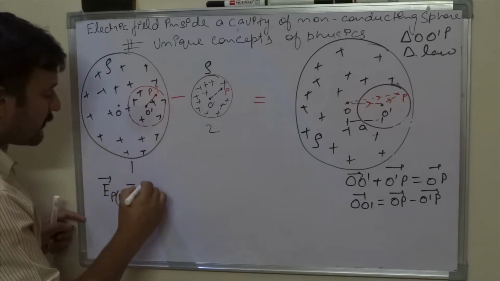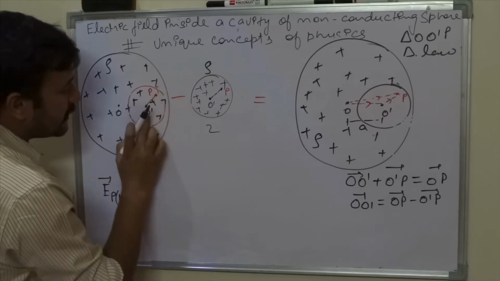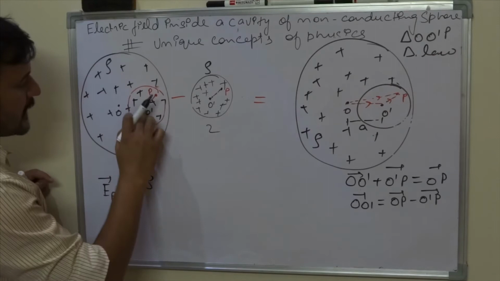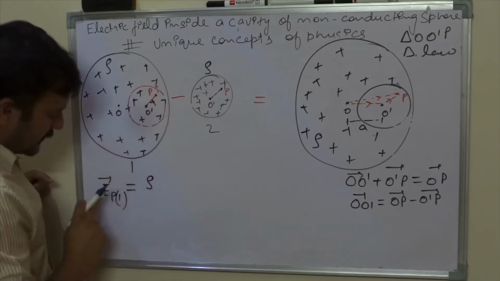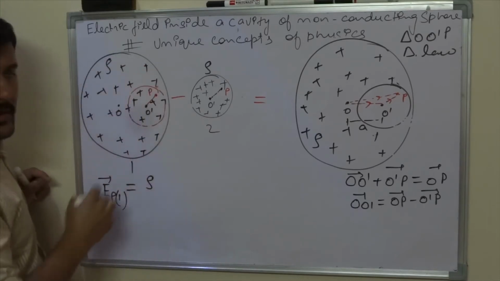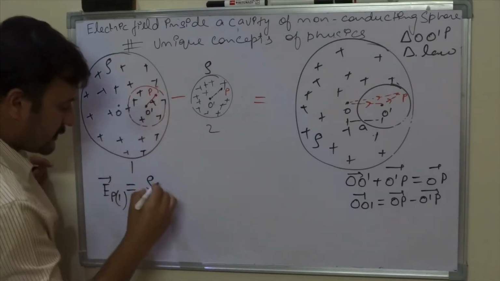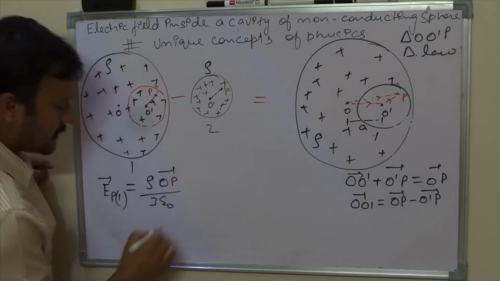So the electric field will be rho, with this distance OP, and in this equation the center of the sphere is O, hence we write OP vector upon 3 epsilon naught.